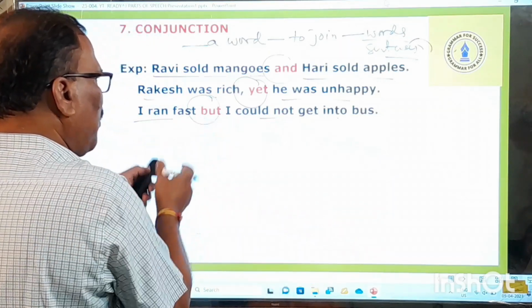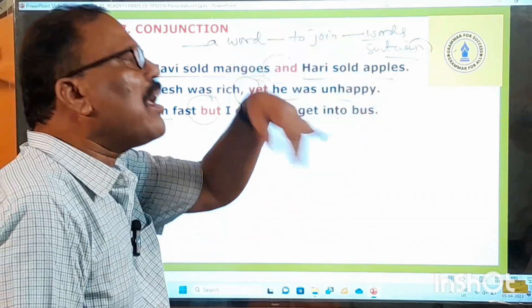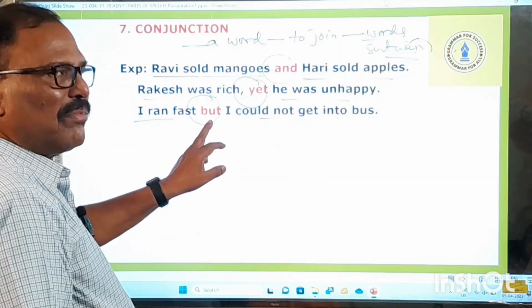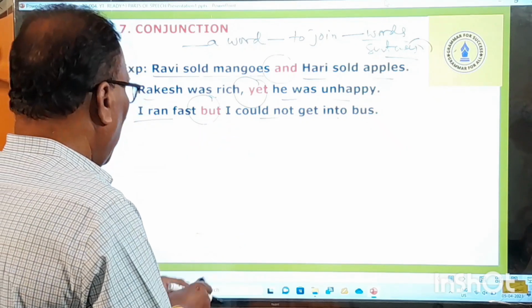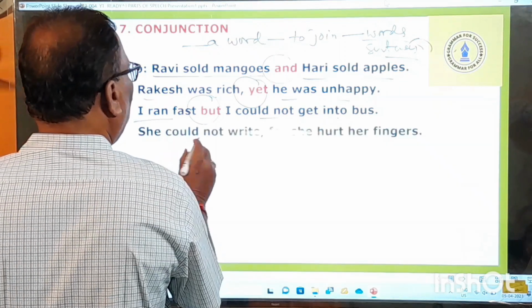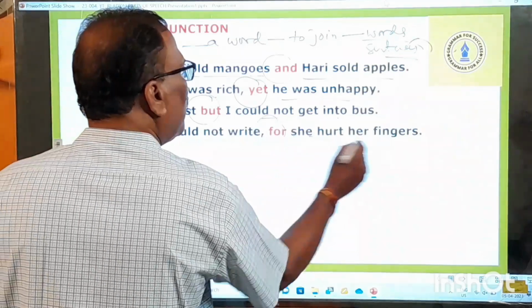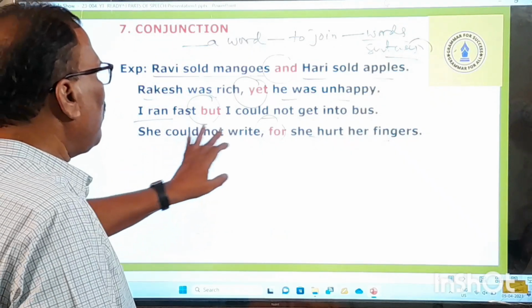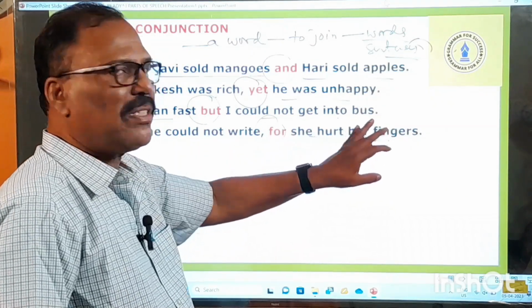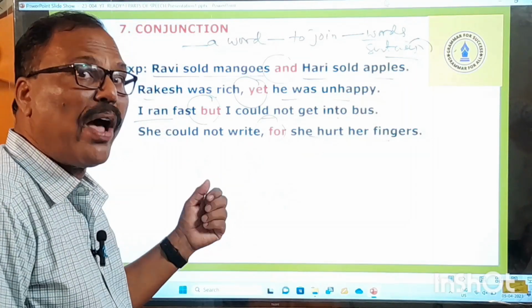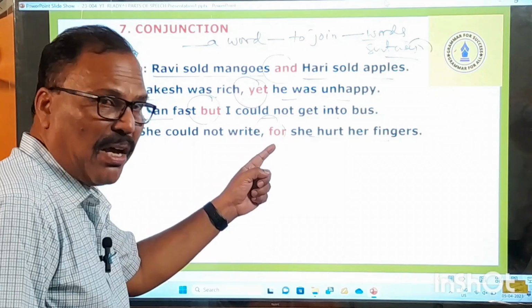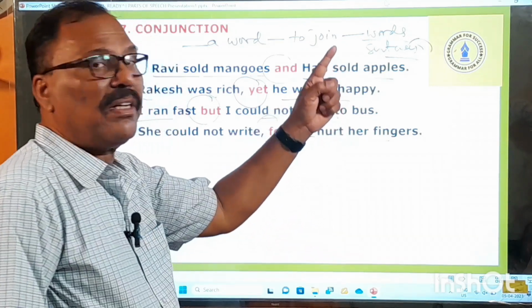Now when you join them, I ran fast, but I could not get into the bus. And one more example: she could not write, for she hurt her fingers. She could not write, one sentence. She hurt her fingers, another sentence. Now we are joining these two sentences. How? She could not write. Why? For means because. For she hurt her fingers.